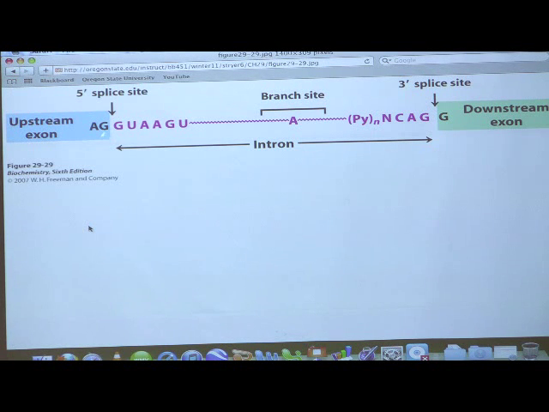The ends of the other pieces are joined together. Now, your book talks about this happening as if it happens only in messenger RNAs, and that's not correct. Splicing happens in ribosomal RNAs, it happens in tRNAs, and it happens in messenger RNAs. The phenomenon is quite widespread. In eukaryotes, most genes are spliced.